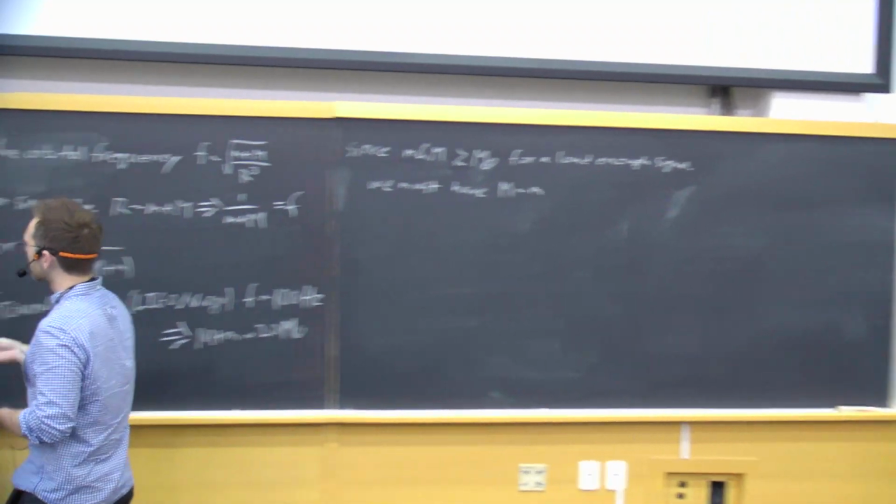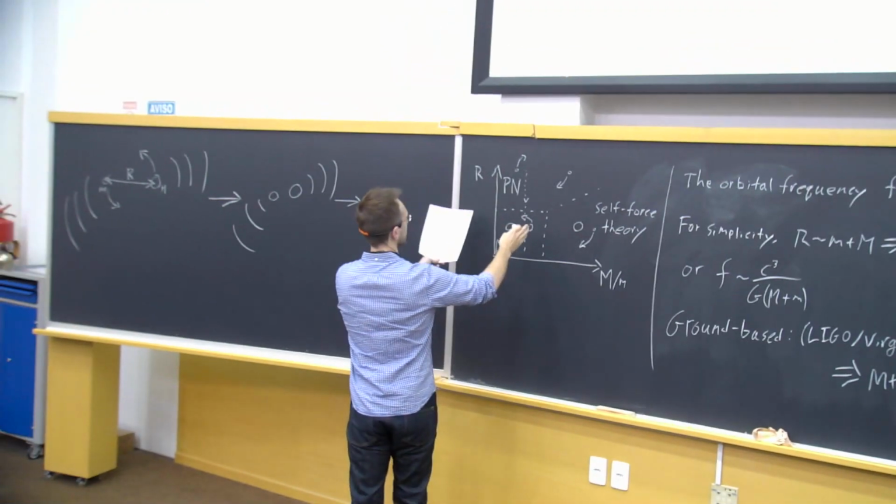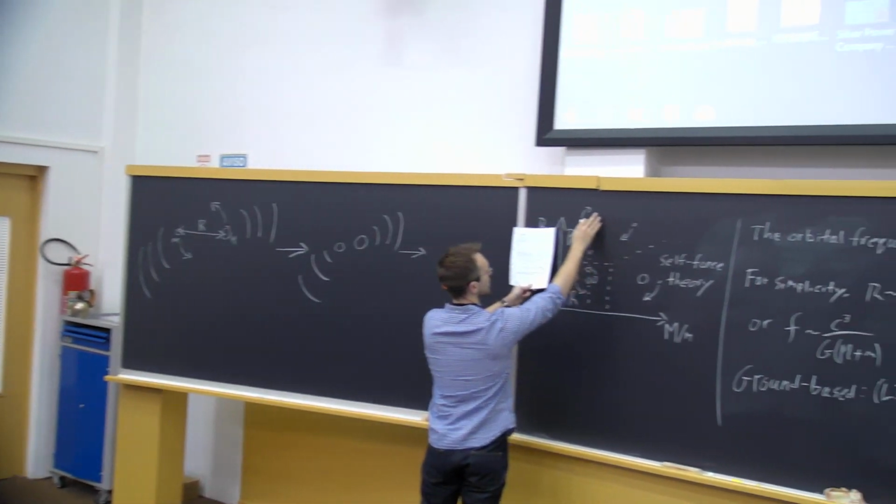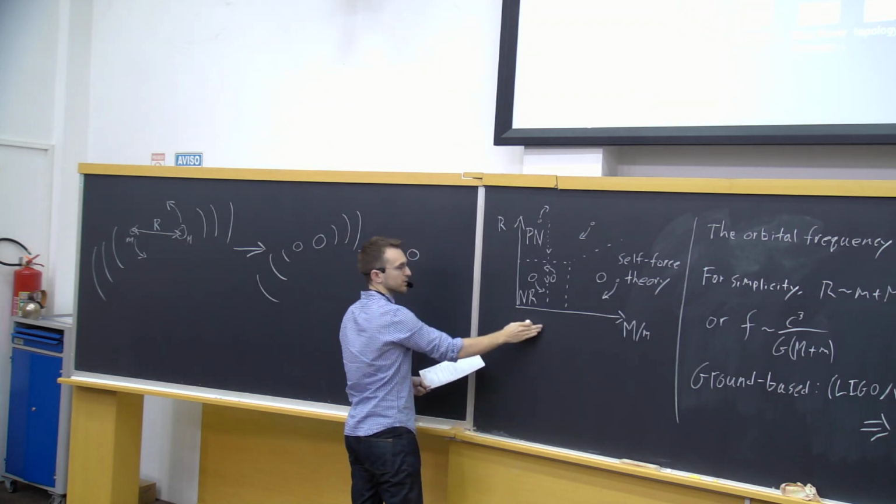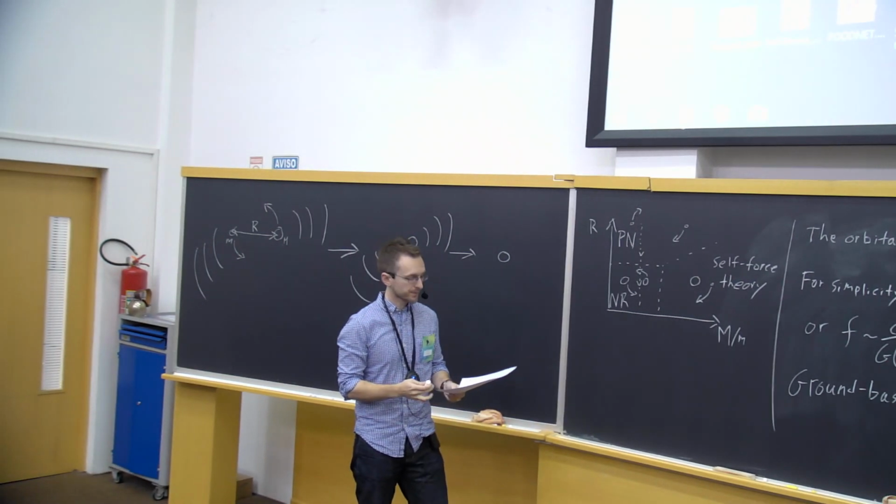So that means that LIGO and Virgo are restricted to this part of the parameter space, where the two masses are roughly equal size.